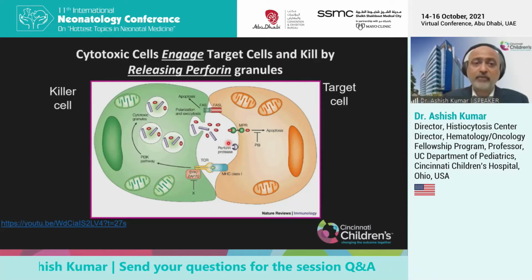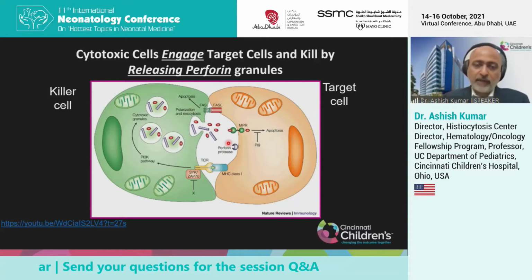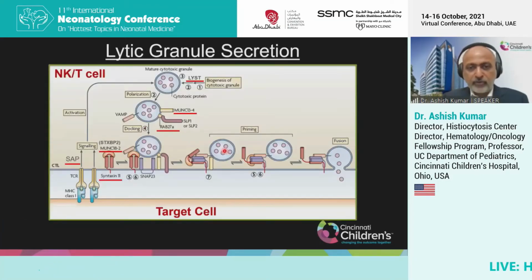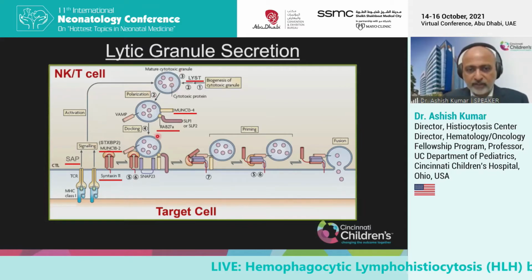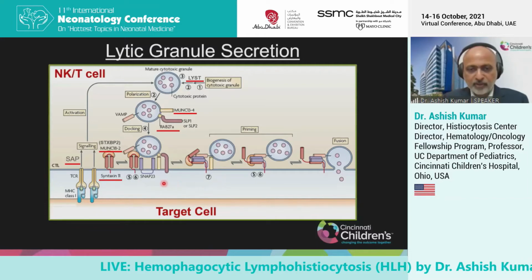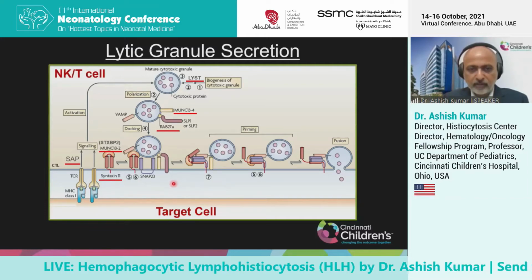But there can be several other problems. And that is, the cell may have the perforin, but it cannot move these granules from inside the cell into the synaptic space here. And so that process requires many different proteins. There's a very complex signaling mechanism that tells the granules to move from inside the cell into the space, the immunologic synapse space, which is shown here in the middle.